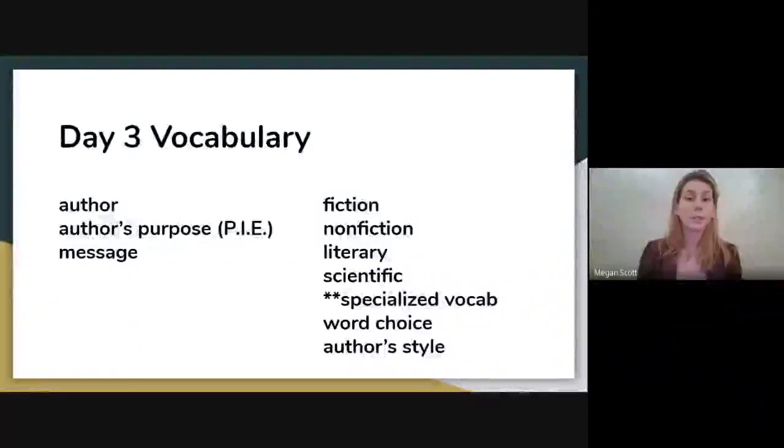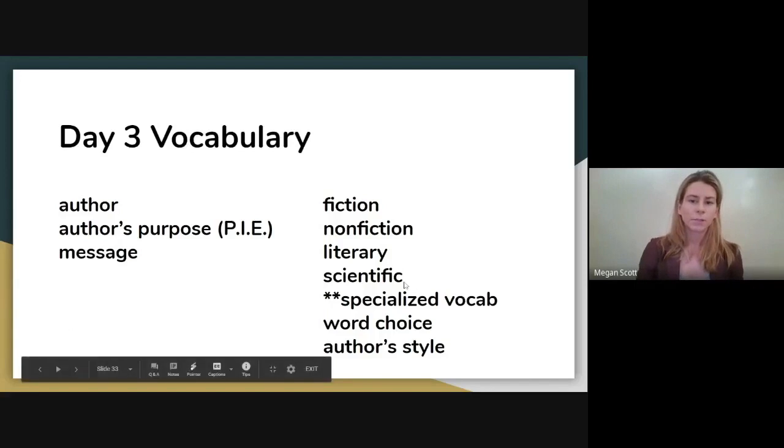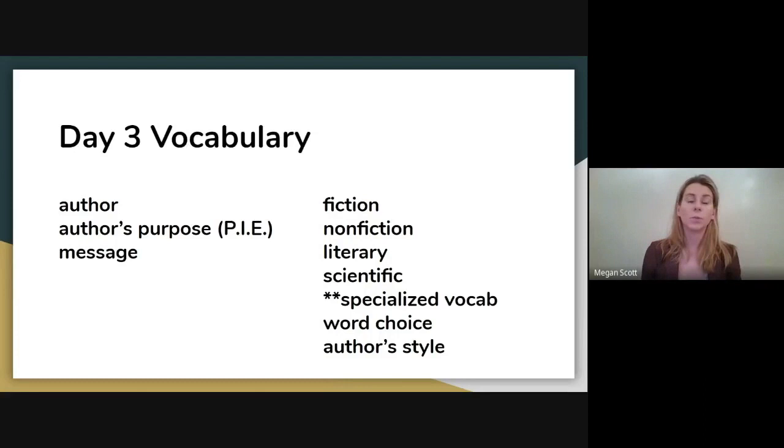The next term, literary, refers to anything that is written creatively as far as literature, anything written. The fourth term, scientific, can describe anything that has to do with science or related to science. Actually both of the texts that we're reading today will be scientific texts, and they will also be nonfiction, not fake or real.